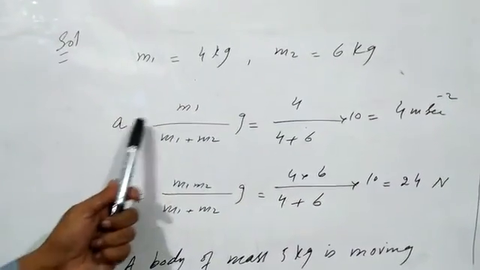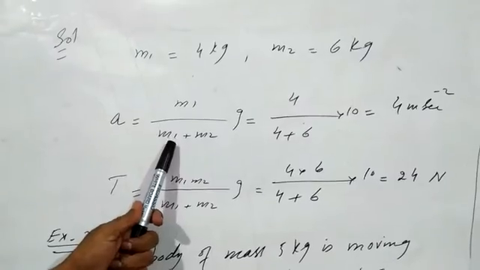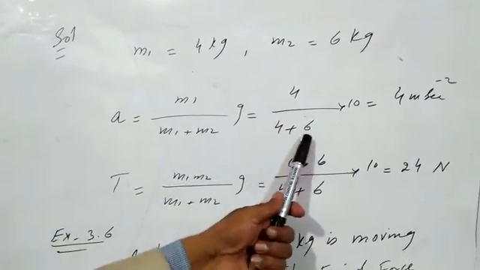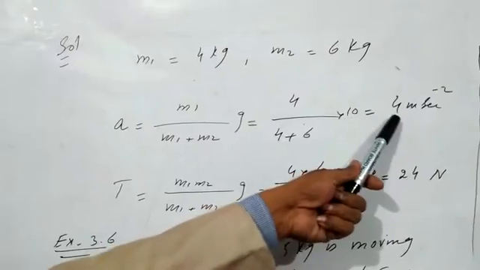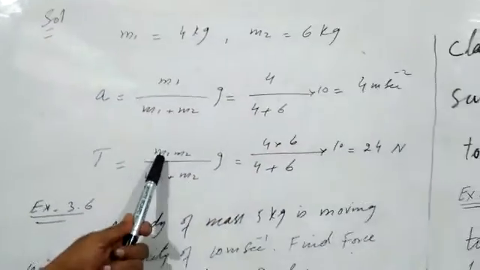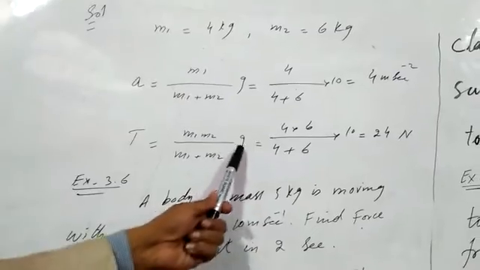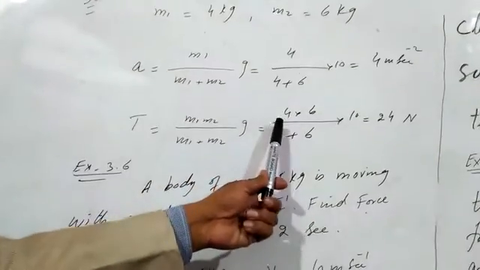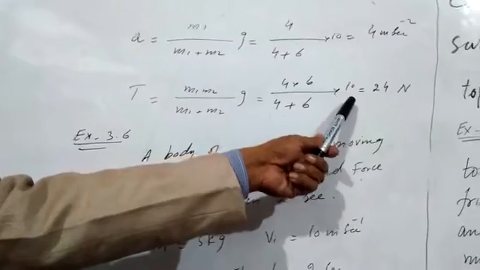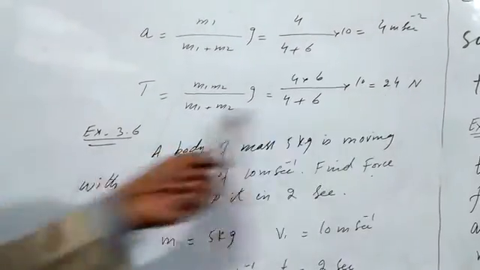The formula for acceleration is M1 by (M1 plus M2) into g. Putting values, 4 by 4 plus 6 multiply 10. Finally we get 4 meter per second square. Tension T is M1 M2 by (M1 plus M2) into g, which is 4 multiply 6 by 4 plus 6 multiply 10. So finally we have 24 Newton.